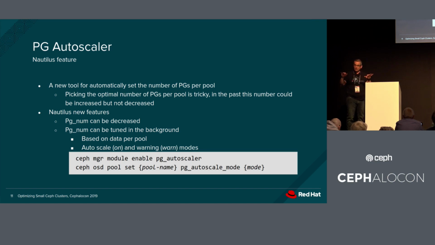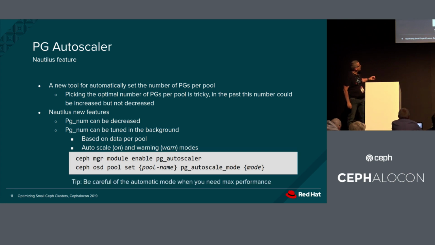When you issue ceph -s, you would get a warning that the number of PGs is not okay, and then you can decide to change it when you want and not automatically. So we have the commands, and again, be careful. If you need max performance, be careful with the automatic mode. It will have an impact on performance.